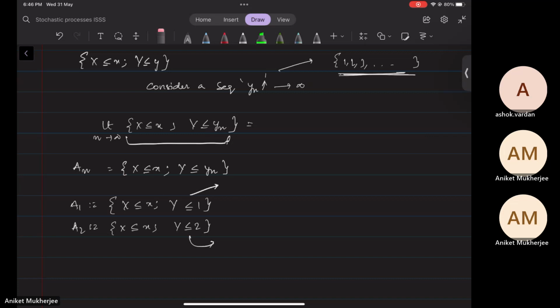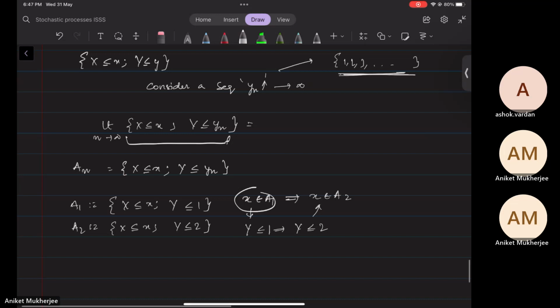So if an outcome belongs to A1, then it belongs to A2, because this says the random variable Y is less than or equal to 1, which implies Y is less than or equal to 2. So all the outcomes that belong to the event A1 would belong to A2.